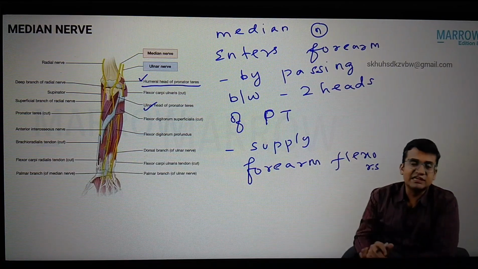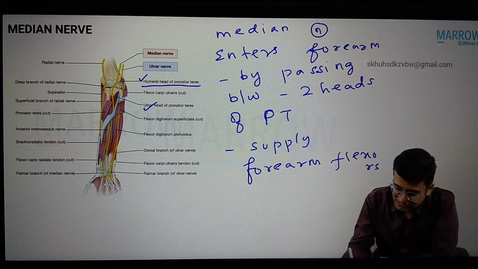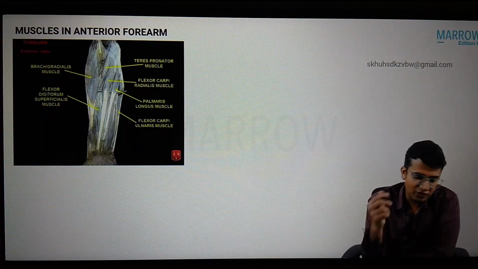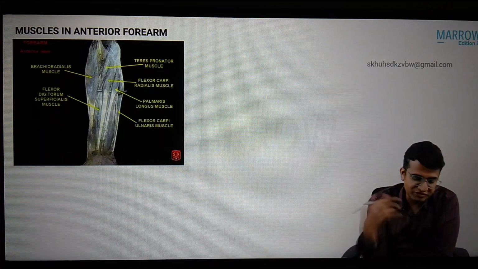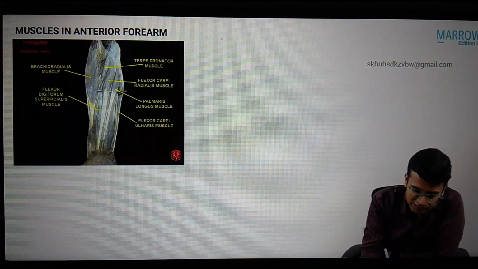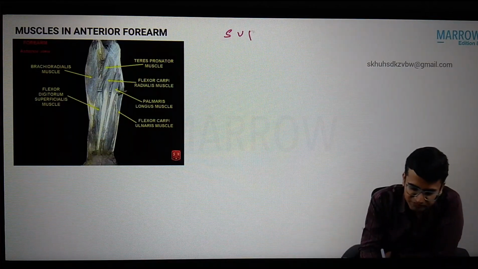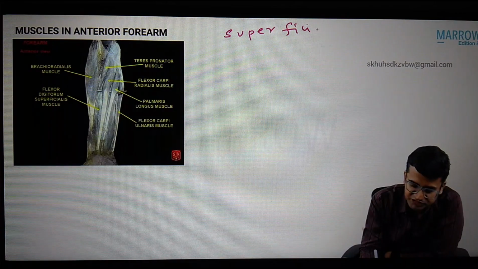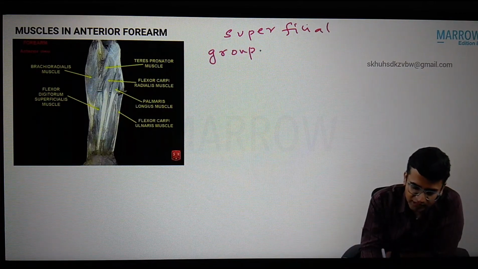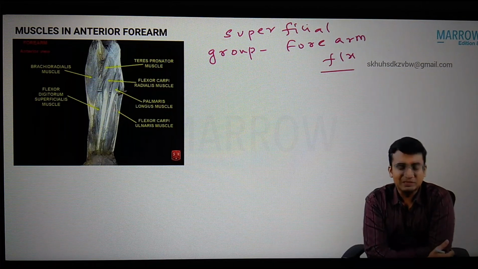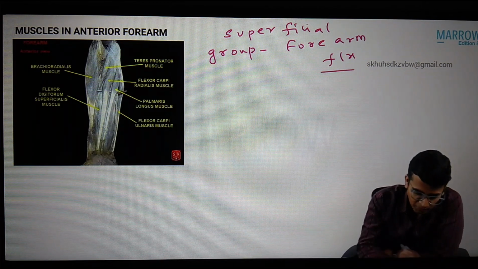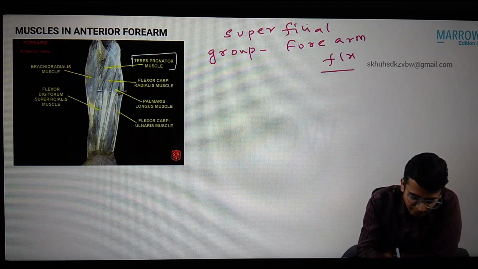So what are the muscles in the front of the forearm? The muscles in the front of the forearm are divided into two groups, the superficial group and the deep group. The superficial group of forearm flexors. What are the muscles present? Number one, pronator teres muscle.